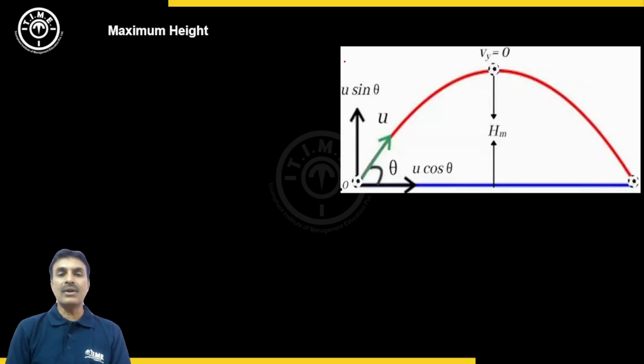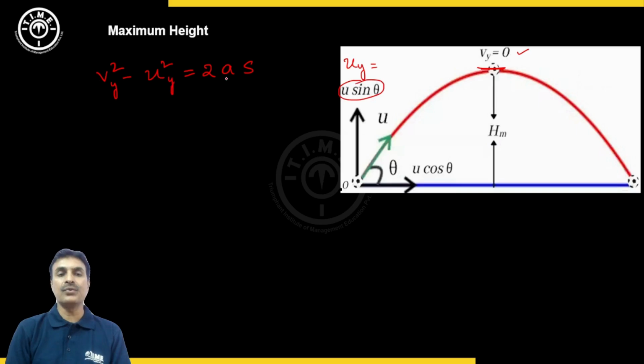So the initial velocity in the y direction, uy, is u sin theta. And we know at the highest point, the final velocity becomes 0. Using the equation v square minus u square is equal to 2as, let us apply this equation for the vertical direction.